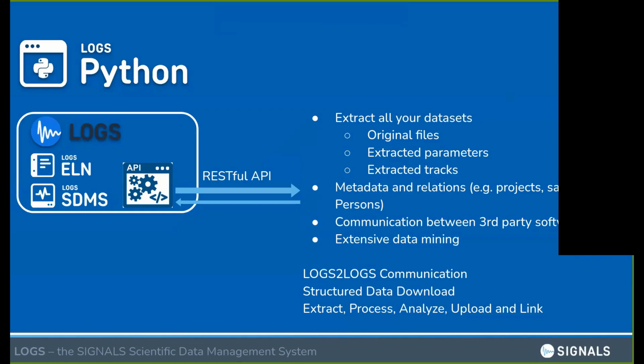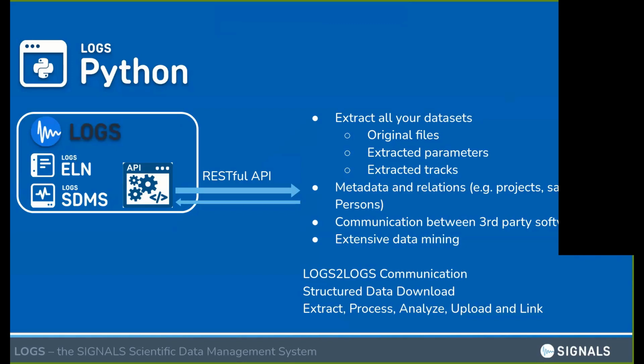To allow you to use scripts and programs to access data from a web application, you normally implement a RESTful API that we implemented also in LOGS. And this will allow you to access all the contents, all the information you have in your LOGS server.